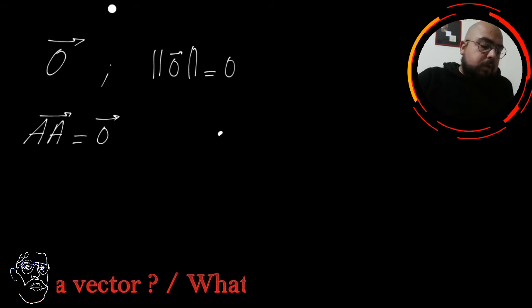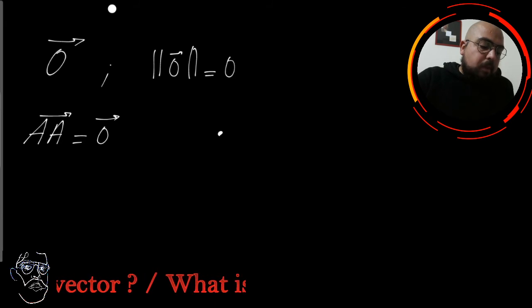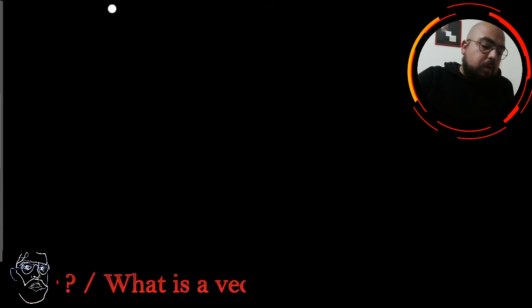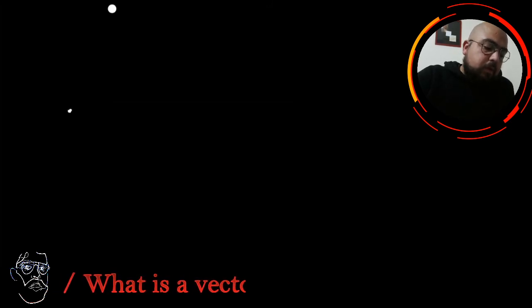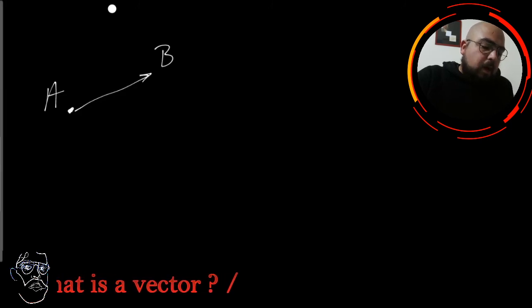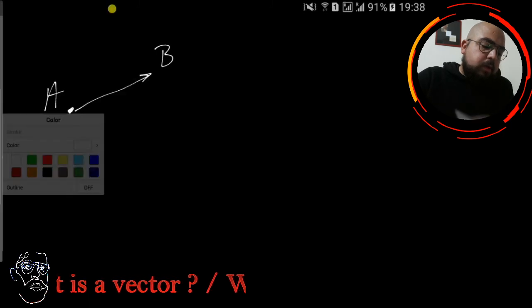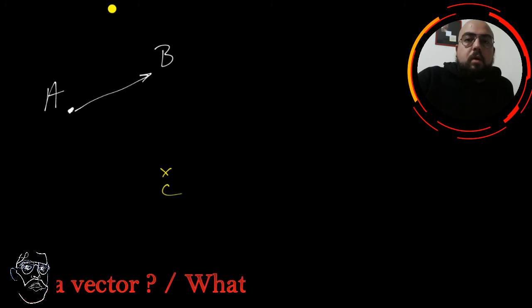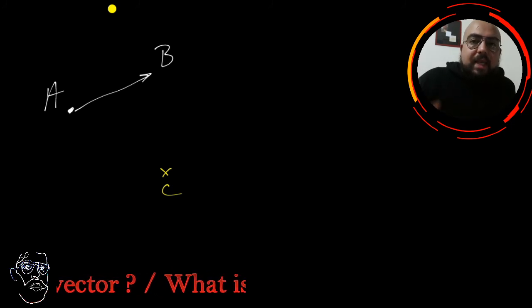Now let's talk about translation of vectors. How do we do translation of vectors? It's very simple. This is my vector AB, and let's say I have another point C. At point C, I will do the same thing as the vector AB.